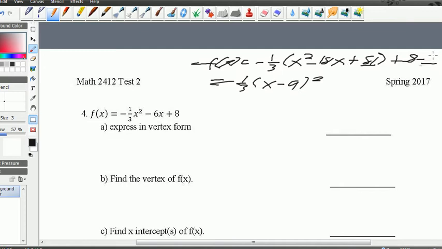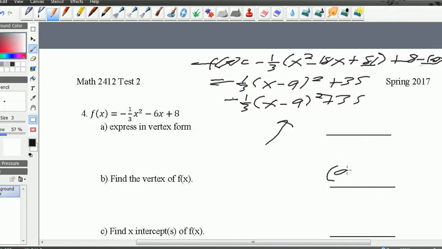So we're going to put a minus 27 in here. So that becomes a plus 35. That forces my vertex. So this answer here should be minus 1/3 times x minus 9 squared plus 35. That's vertex form, so you can get your vertex. Opposite the h, 9 comma 35.